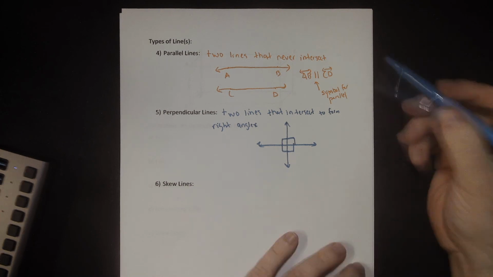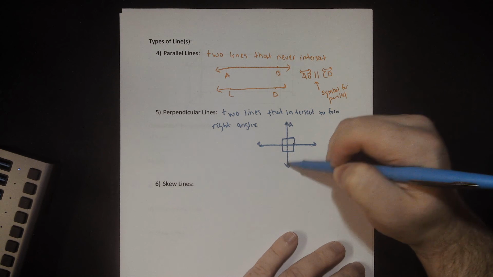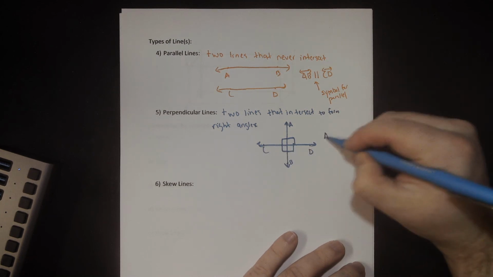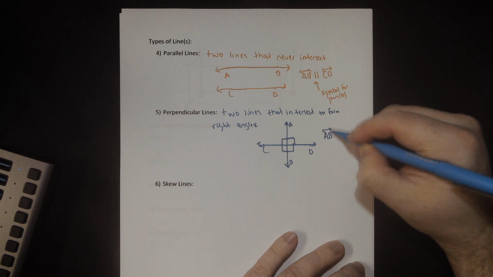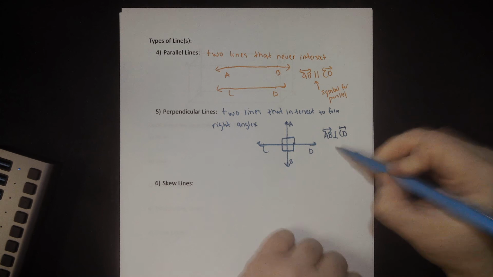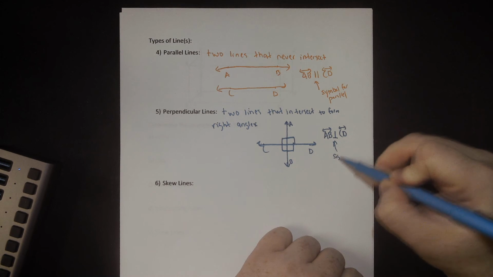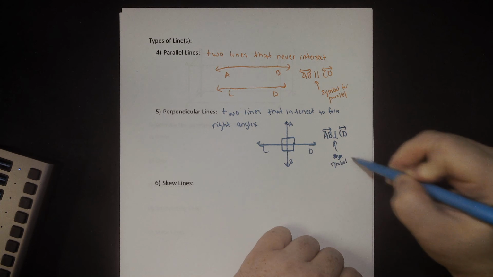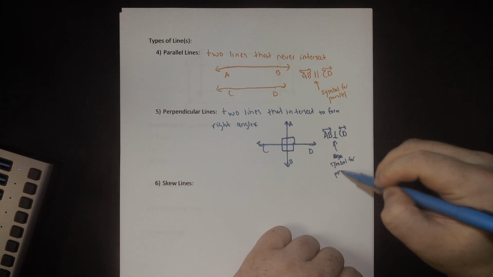And so the symbol, let's call this A, B, C, D. So AB is perpendicular to CD. And this is again the symbol for perpendicular.